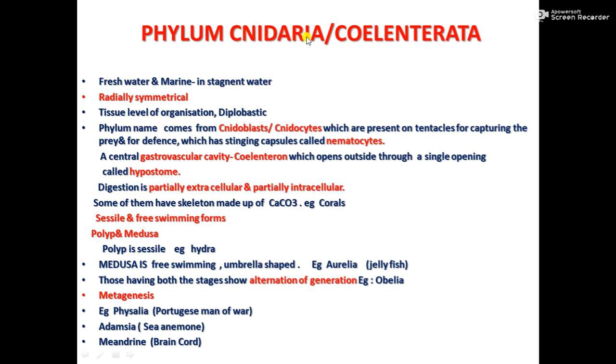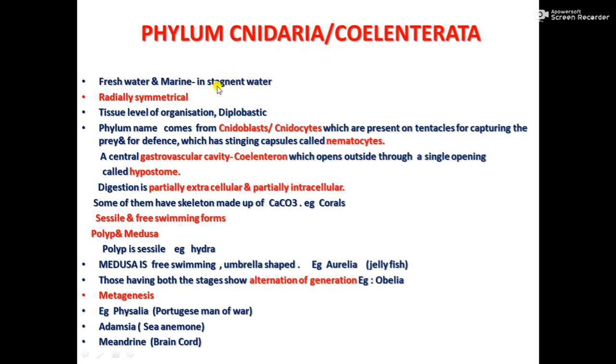Earlier they were also called Coelenterata, which comes from the term coelenteron, which is the body cavity. So two important features you get from the name of the phylum itself: cnidoblasts are present, coelenteron is present.